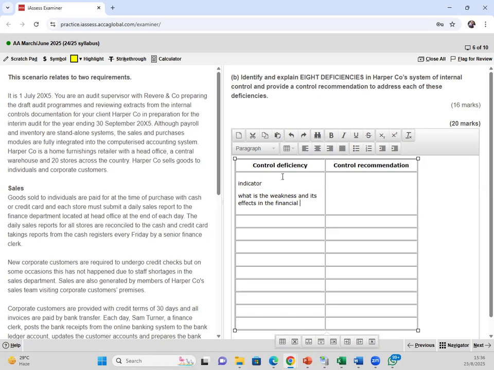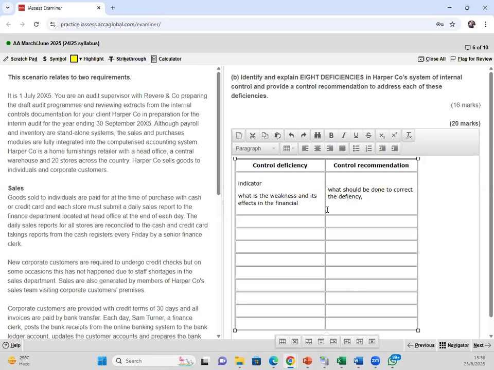If something is not being done, what is the possible impact on the financial statements? Then a recommendation: what should be done to correct the deficiency?